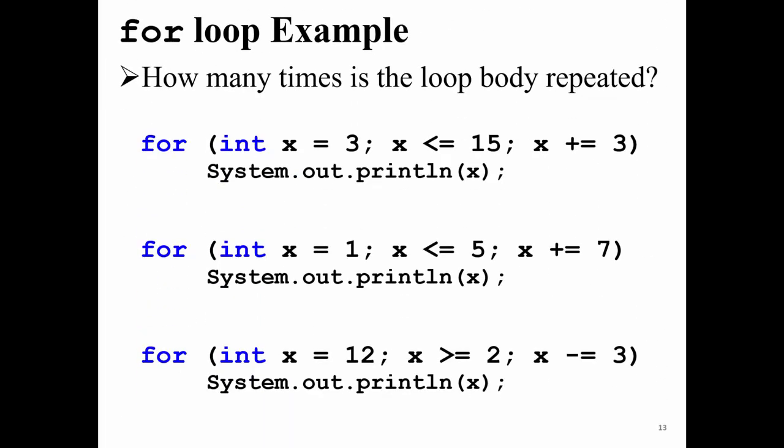These are examples of for loops. It's good to master how you can increment the variables. So sometimes we increment by 3, and the second example increments by 7. It's not mandatory that we always increment the variable by 1. As you see in the last example, we decrement by 3.